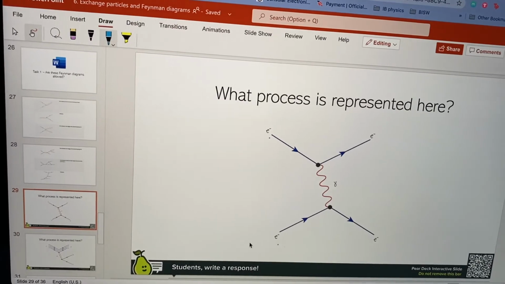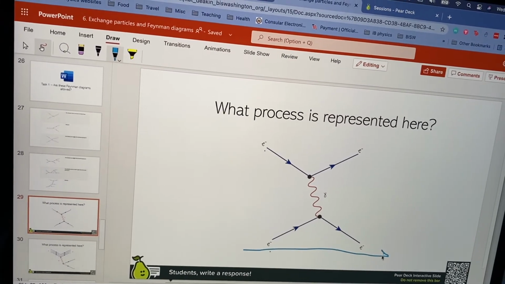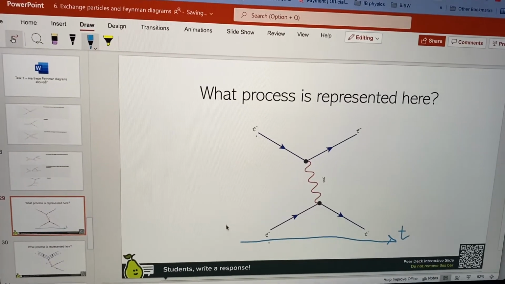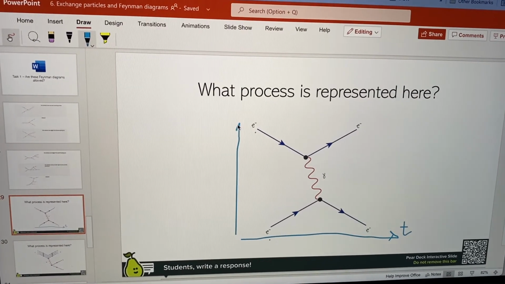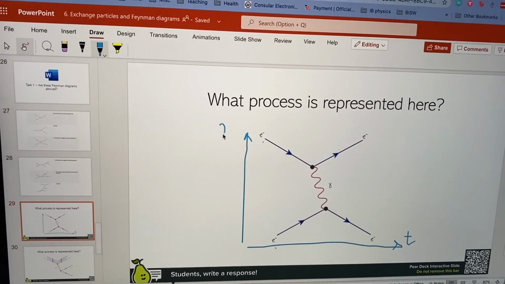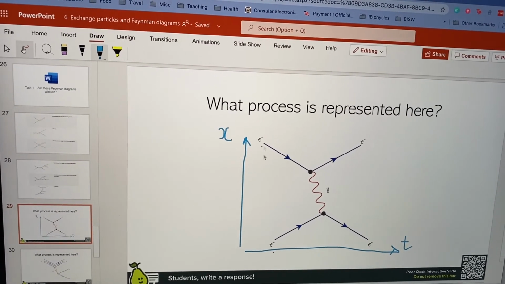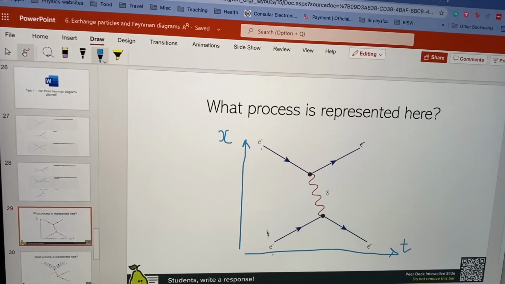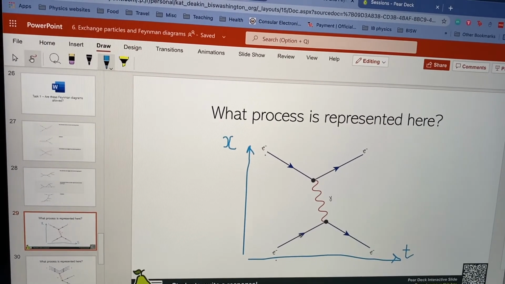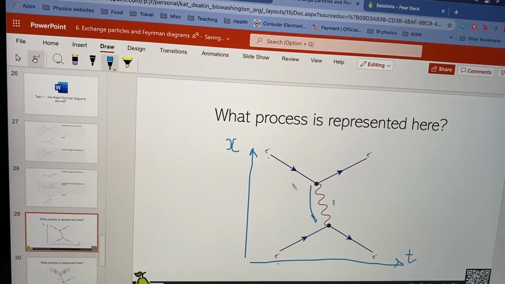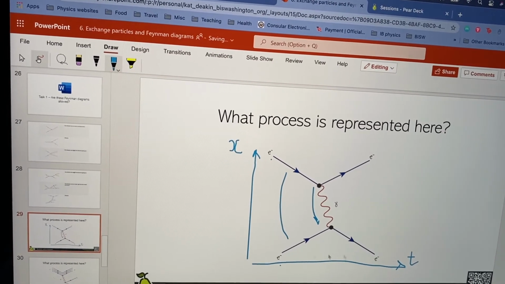Oh, sorry, that's my time axis. Sorry for the very dodgy drawing. And this is my space axis. So this is where something physically is in space. Initially the electrons are further apart, and then they're getting closer together. That distance between them gets smaller, hopefully you can see, as time goes on.